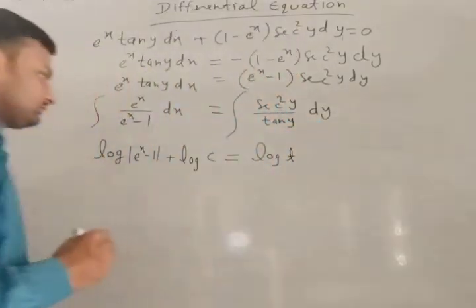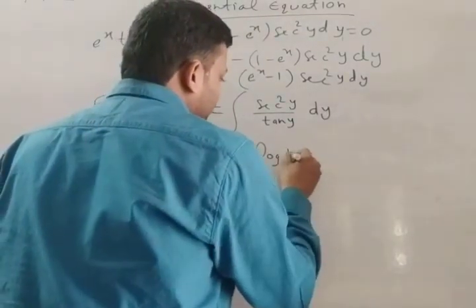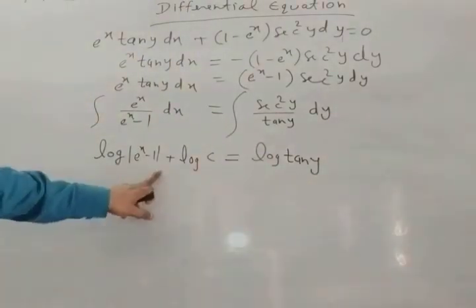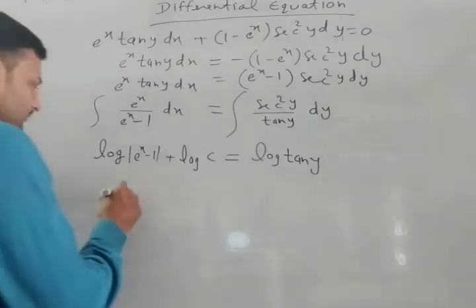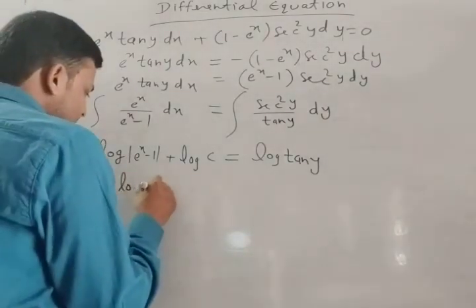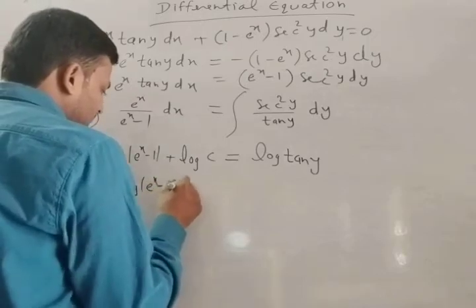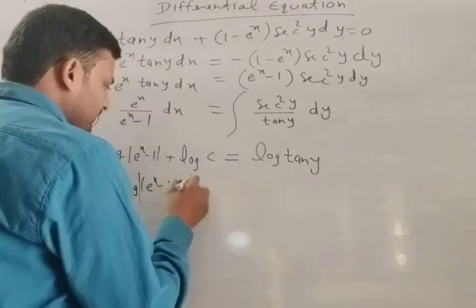Now log of t means we write log tan y. Here log m plus log n, so we write log of e to the power x minus 1 times c.